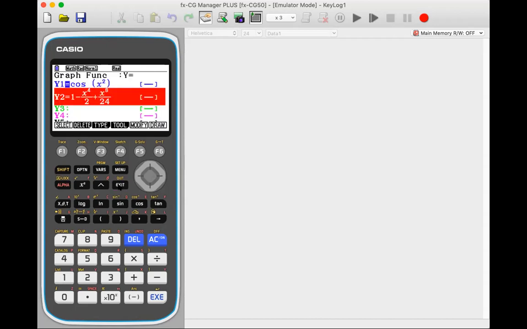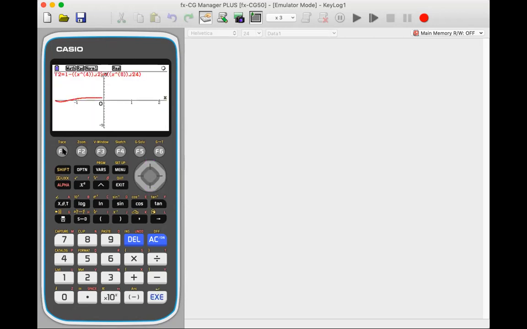Now I take my second function, which is the polynomial function, and integrate it from 0 to 1. It is 0.905 against 0.9045. These are pretty close answers.